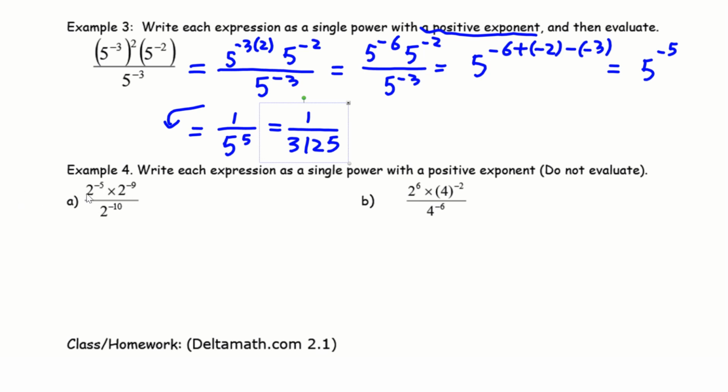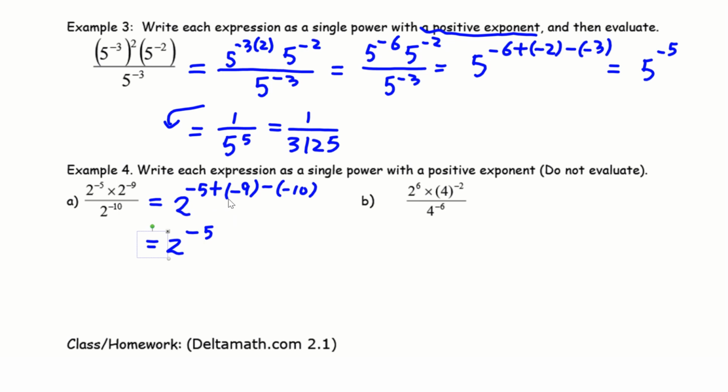So the next one, example 4, we have the same base. We are going to just apply the exponent rules. Multiplication, then we add the degrees. And division, we subtract the degrees. Then we are going to see 2 to the exponent negative 5.